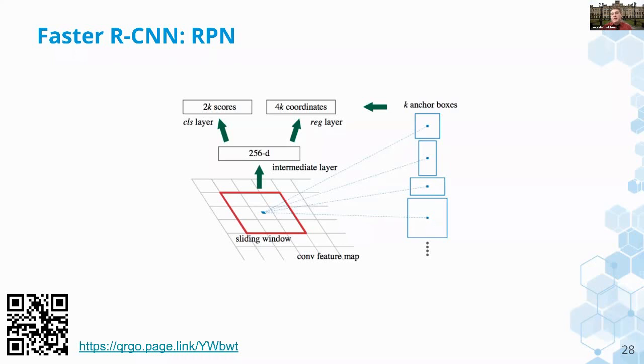And the pipeline is following. We simply use a convolutional neural network to predict whether these regions, these anchor boxes, are containing some objects or not.